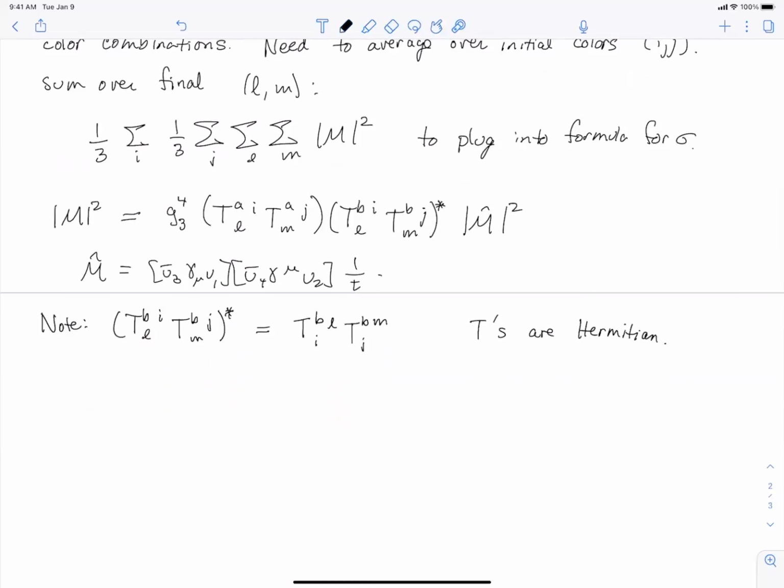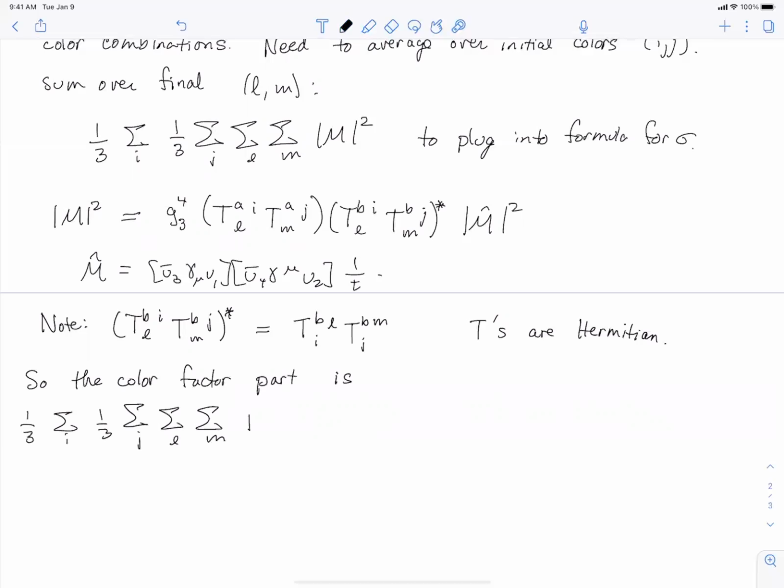And so now the color factor part of our reduced matrix element is 1/3 sum over i, 1/3 sum over j, sum over l, sum over m, T^A_{Li}, T^A_{Mj}, T^B_{il}, T^B_{jm}.